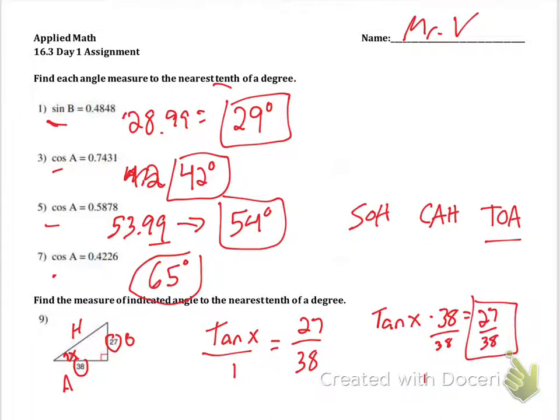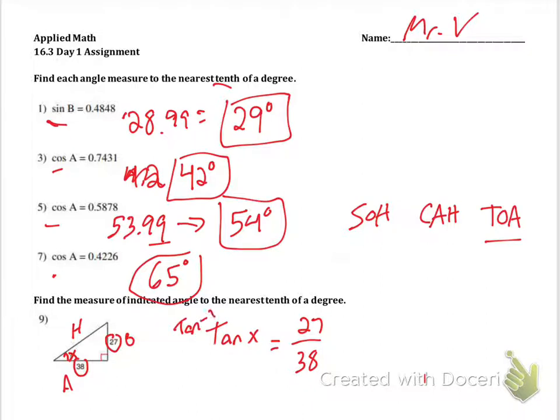So that's the reason why I was saying what you can just do is, I know that eventually I'm going to have to get rid of the tan, right? In order to do that, you just have to do the opposite. The opposite of tan is the inverse of tan, tan to the -1. So I'm going to do tan to the -1 on both sides. And that crosses that out.